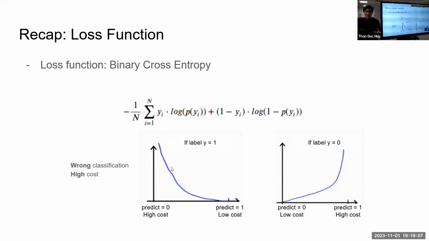So how do we visualize this cost function? The idea is that if the label is 1, y equals 1, then we will be punished. The cost is high if we predict 0. Similarly, if the label is 0, then if we predict 1, the cost will be very high.